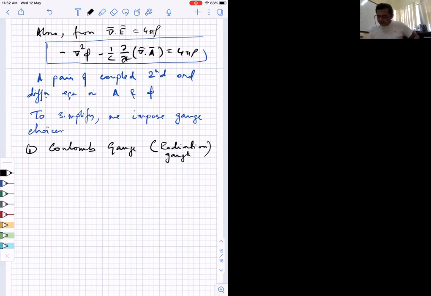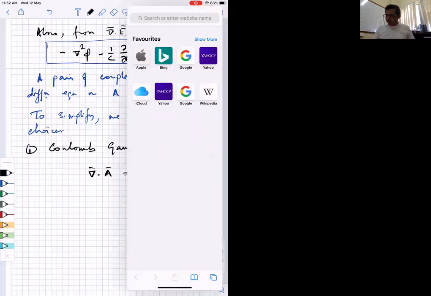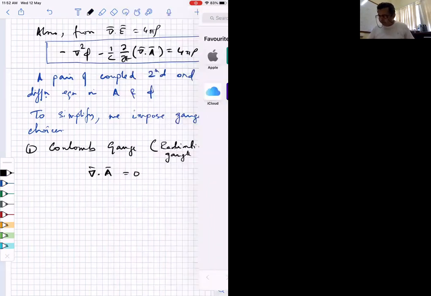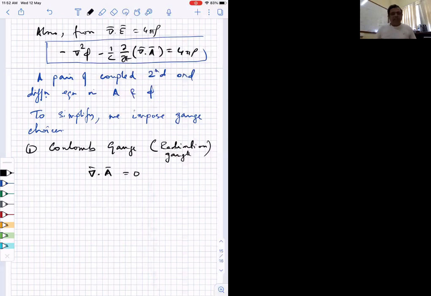So what is this? We impose this choice: divergence of A is equal to 0.